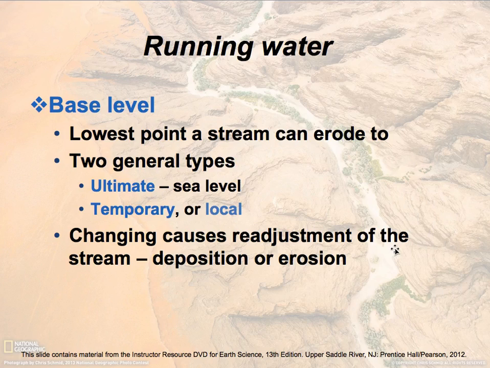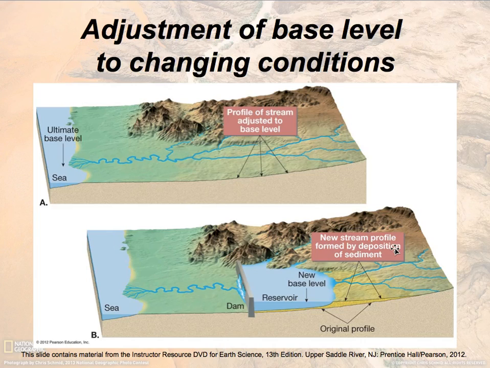It can be the ultimate base level, or the final base level, which is sea level, because streams don't flow lower than sea level, or it can be a temporary or local base level caused by either a lake or some other change in the stream flow characteristics. When that base level changes, it changes the distribution and the manifestation of depositional and erosional environments. So modifying streams or modifying how they flow can have far-reaching consequences both upstream and downstream.